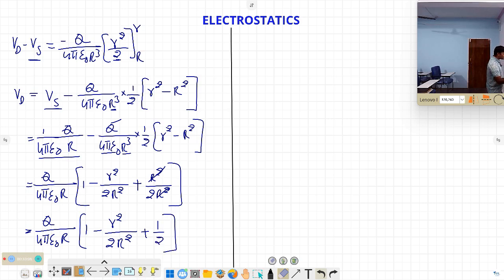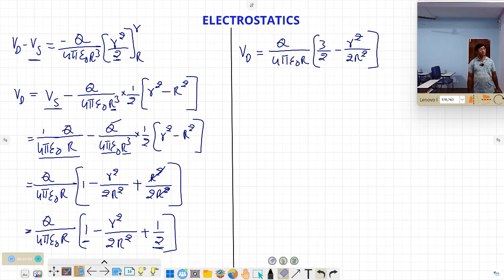So if you observe, this is 1, and this is plus 1 by 2. 1 plus 1 by 2 is 3 by 2 that you are going to get. So the potential at point D is q by 4 pi epsilon naught R into, writing 3 by 2 in front, 3 by 2 minus small r square by 2 R square.